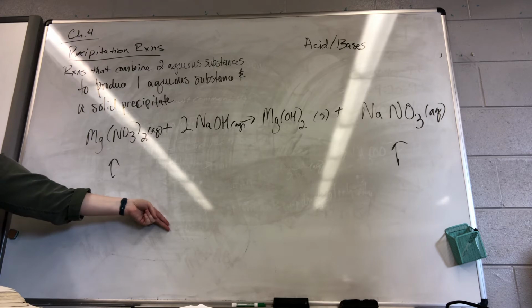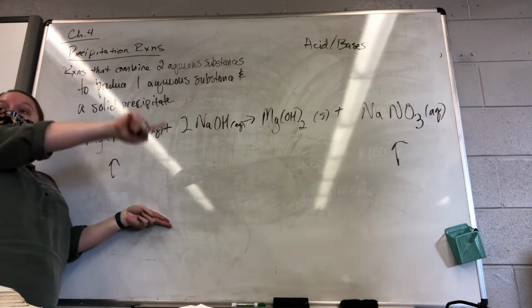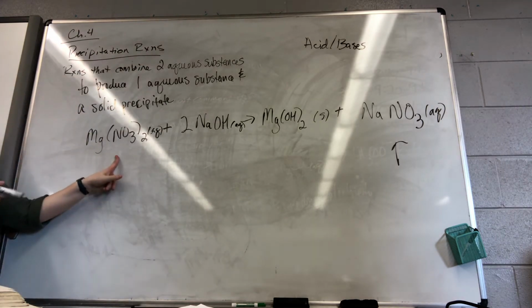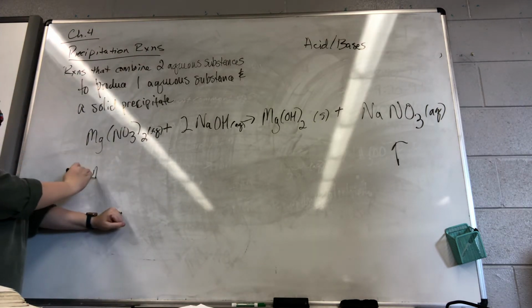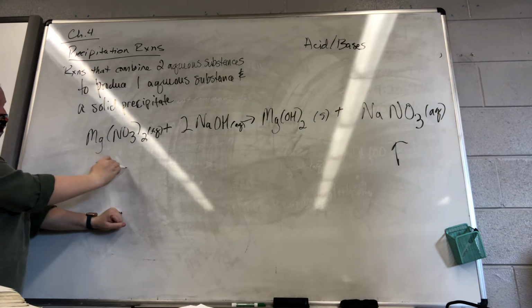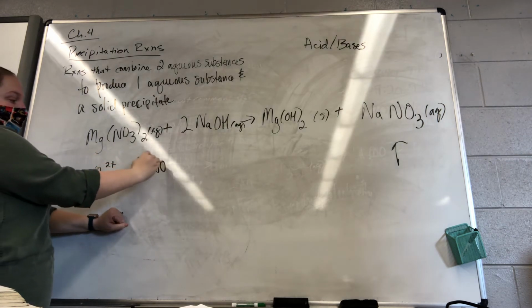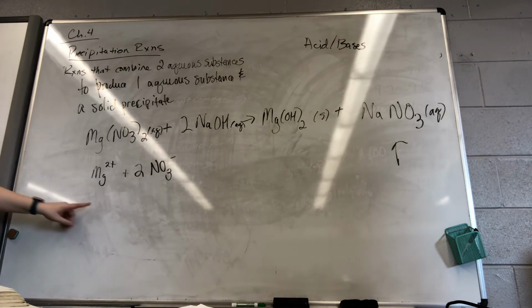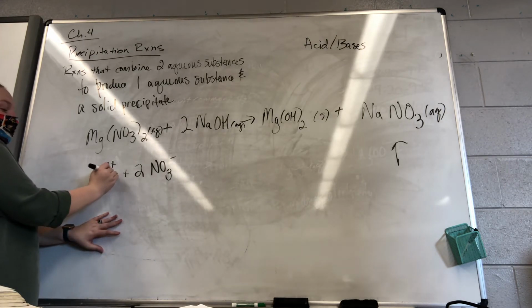We're going to do the crossout thing called net ionic equations, remember? So we're going to separate everything first. Here, magnesium is going to separate into these two things. Are they aqueous, both? Yes, they are.